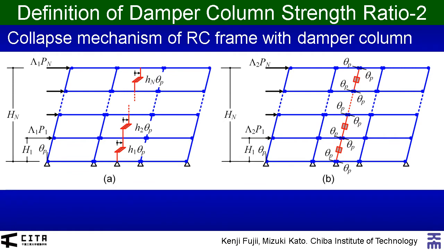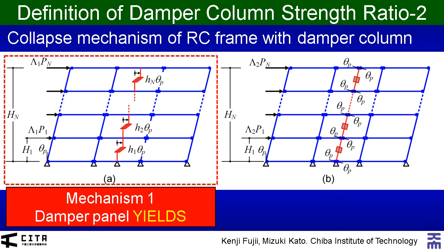We consider two collapse mechanisms shown here. Pi is the assumed horizontal force at each level, while theta p is the plastic rotation. Since all RC columns are assumed to be infinitely rigid and strong, both mechanisms belong to the whole collapse class.